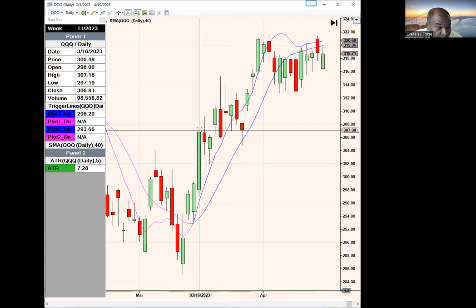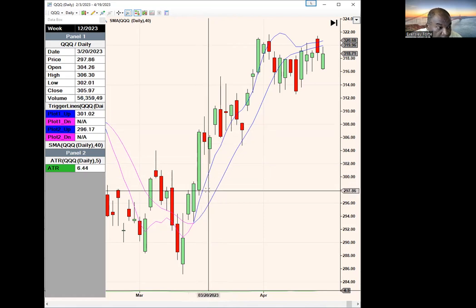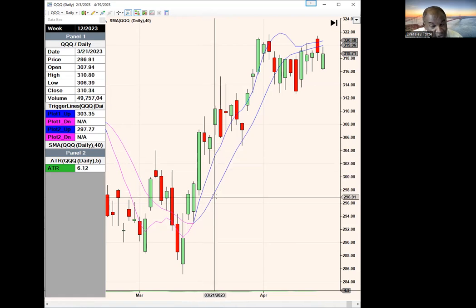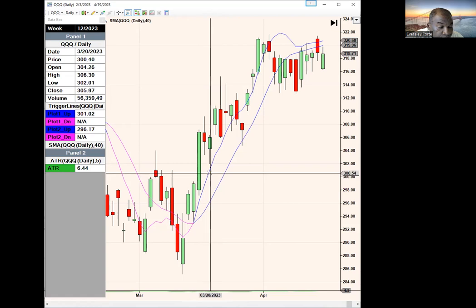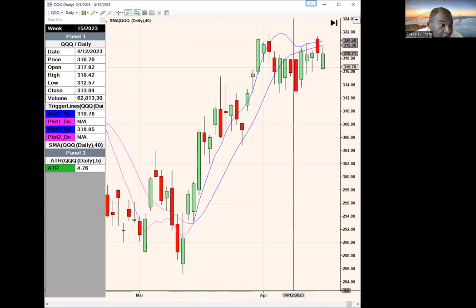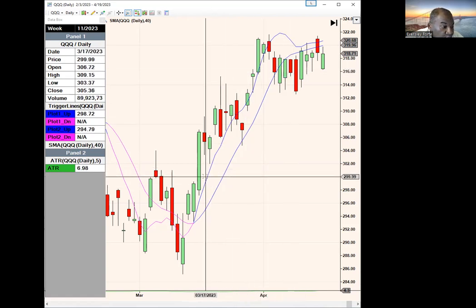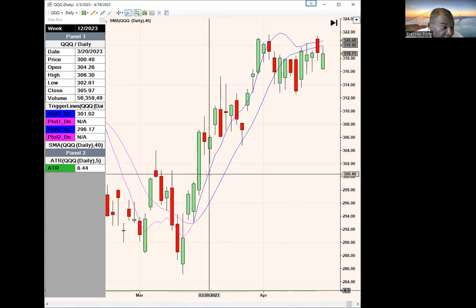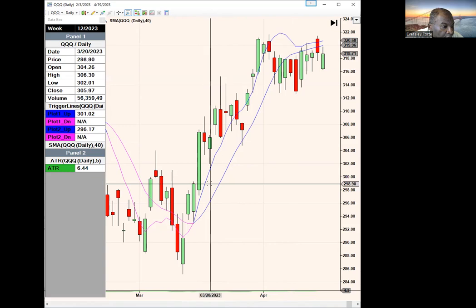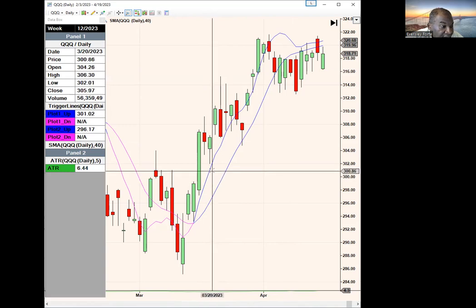So no matter what, if the price comes back down, you're still going to get your profit locked in. Comes down, stops you out, you're out. The looser your stop, the longer you can stay in this trade. If you have a 20% stop, your stop's going to be somewhere right around here on the profit, or even a little bit lower, but that keeps you in a trade longer.